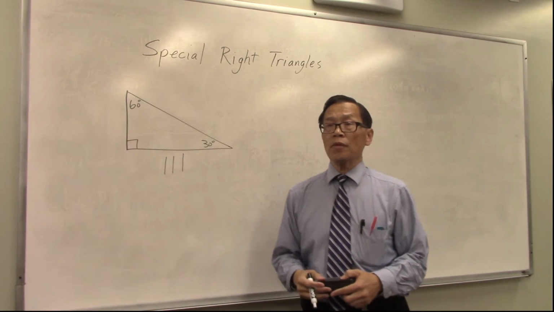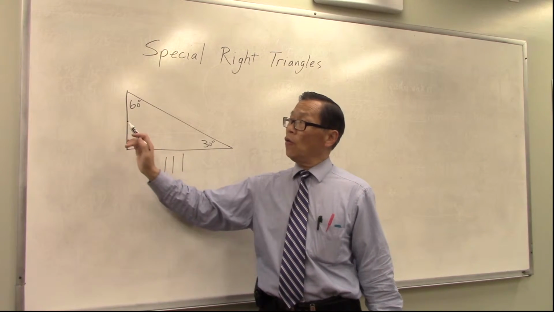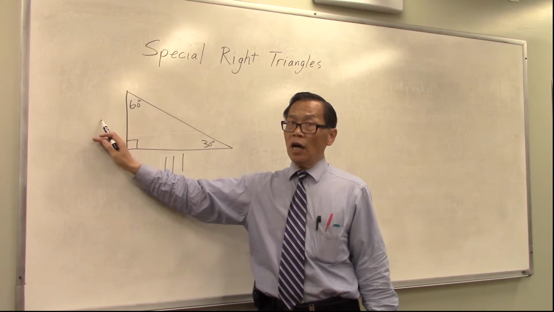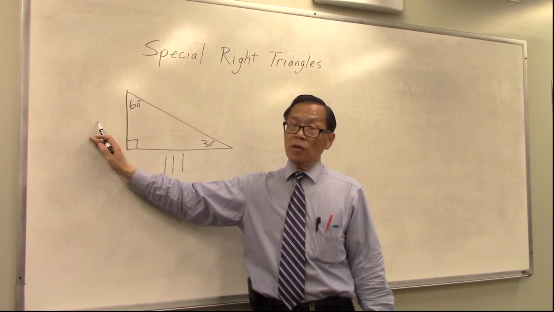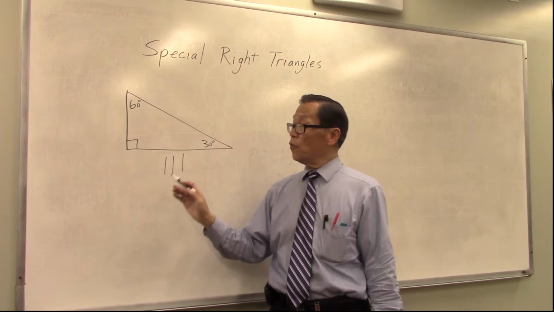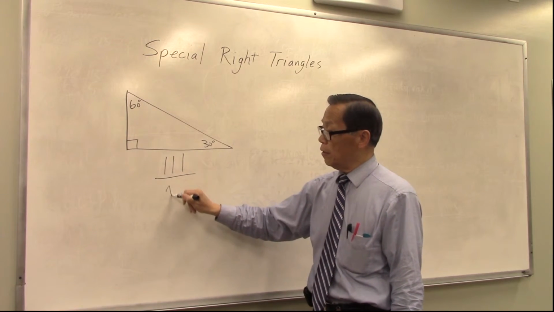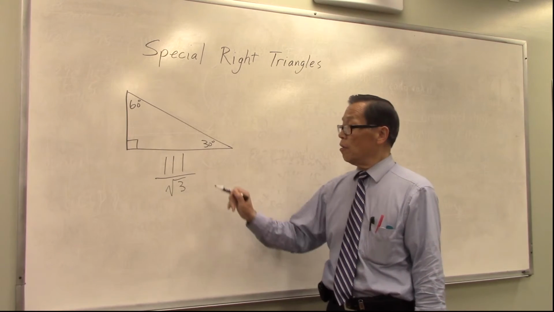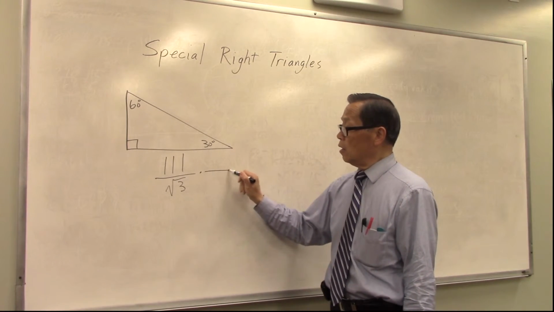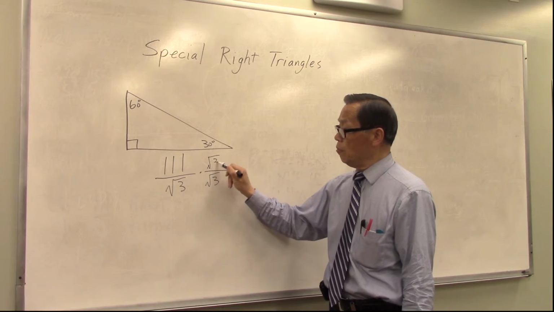Well, we just have to go the opposite direction. When you go from the short side to the medium, you multiply the short side by radical 3. So if you want to go back, then you have to divide by radical 3. But then you have to rationalize this by multiplying with radical 3 in the denominator and radical 3 in the numerator.